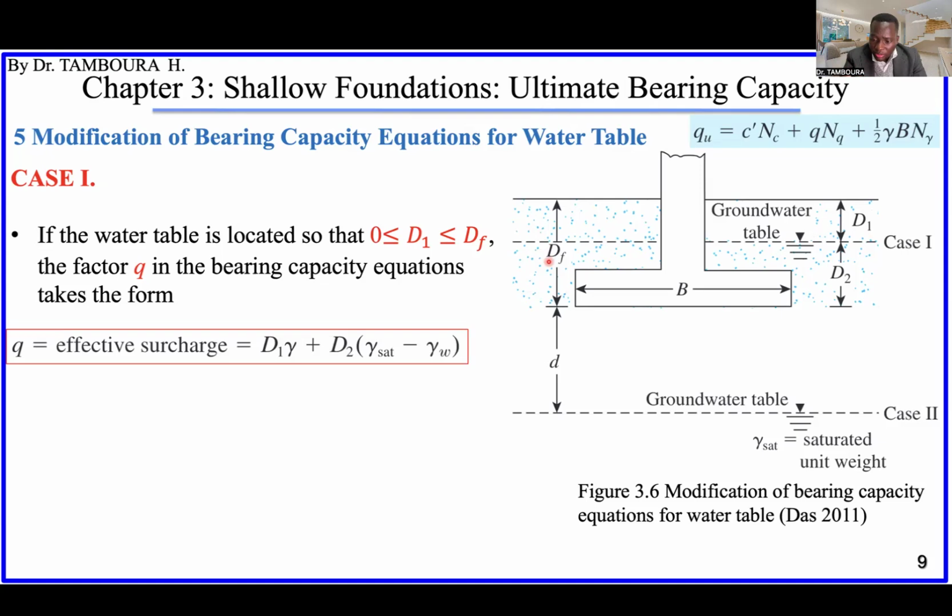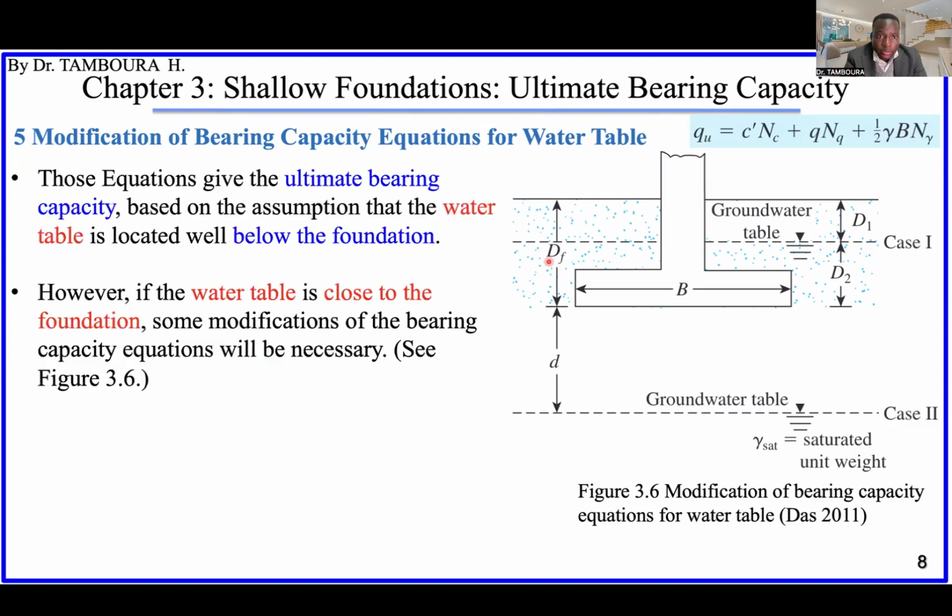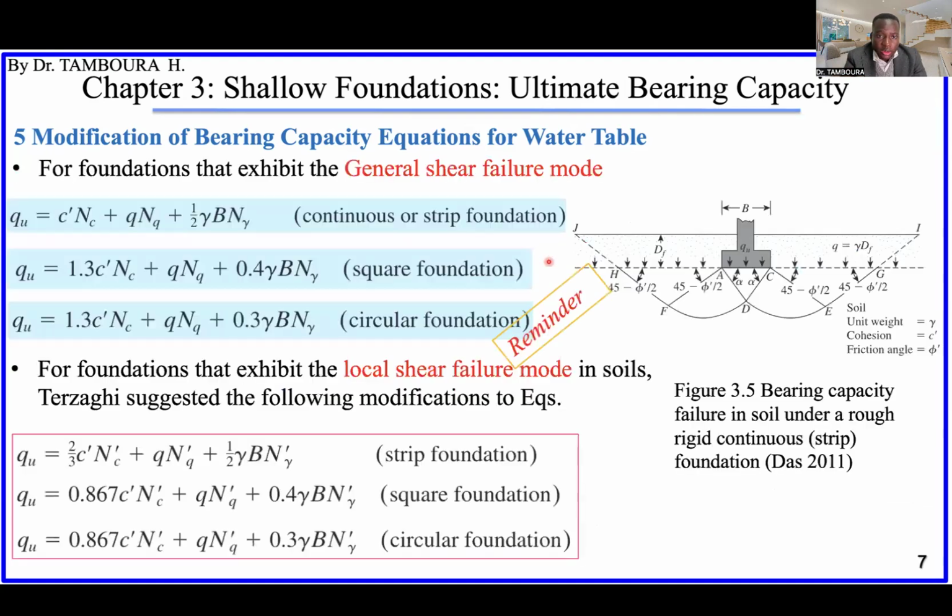I will go back to the previous slide to show you that. You can see that previously q is just gamma multiplied by DF. That was the value of q.